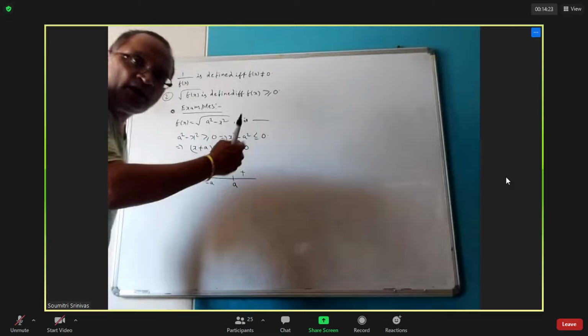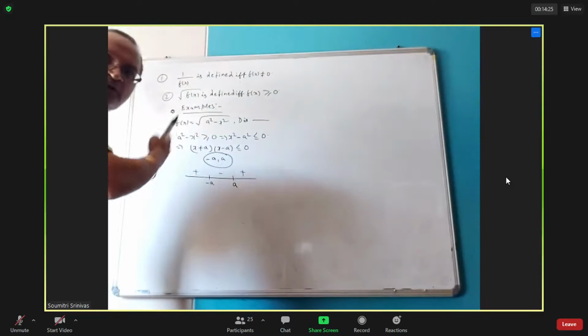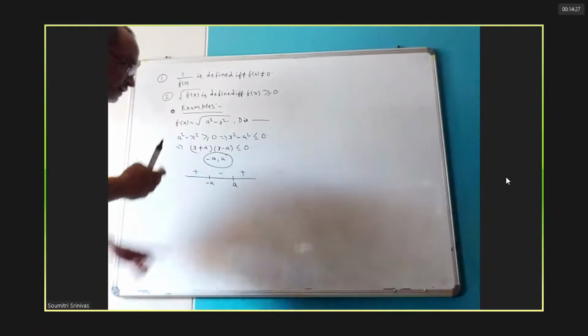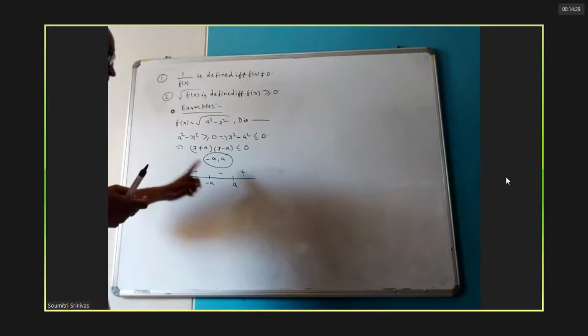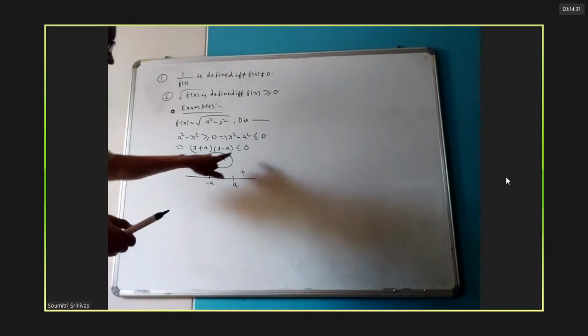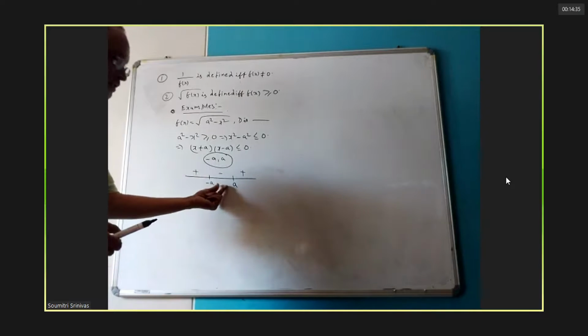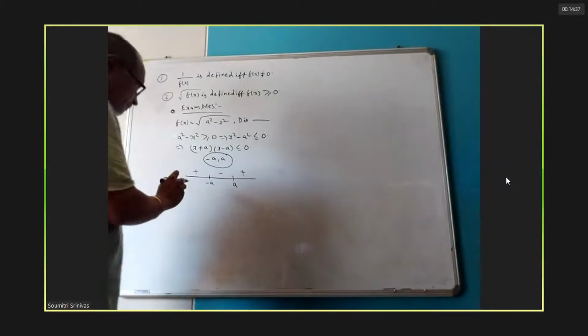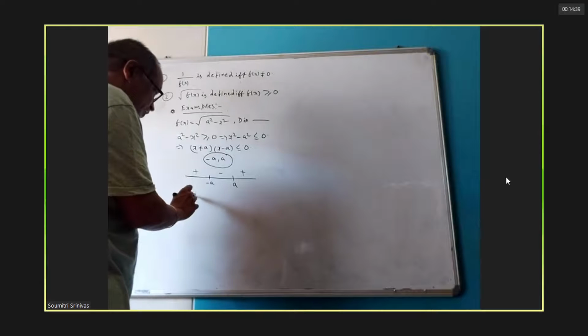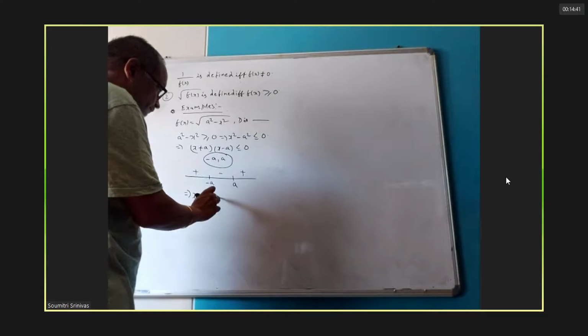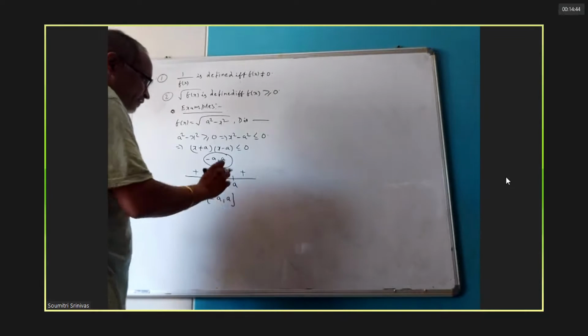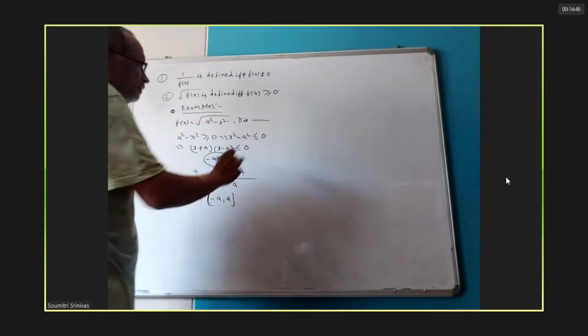As you keep on moving from right to left, sign changes: plus, minus, plus. हमको less than or equal to 0 चाहिए. That means I want the बीच वाला part. That means x belongs to minus a to a, closed interval.